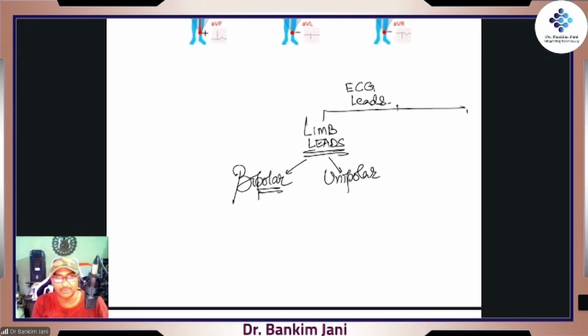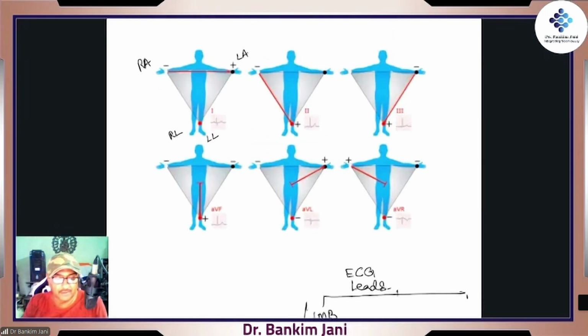Pole means two. That means there is one plus and one minus. Right? So there are two poles. There is one plus pole, and then there is one minus pole. So they all are called as the lead 1, lead 2, lead 3, where there is one plus and one minus. Let's see it here. This is lead 1.